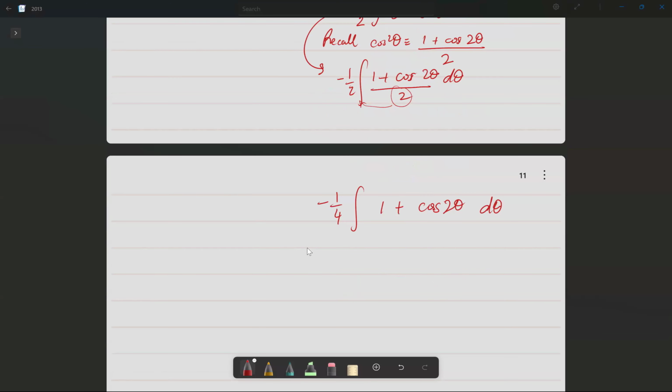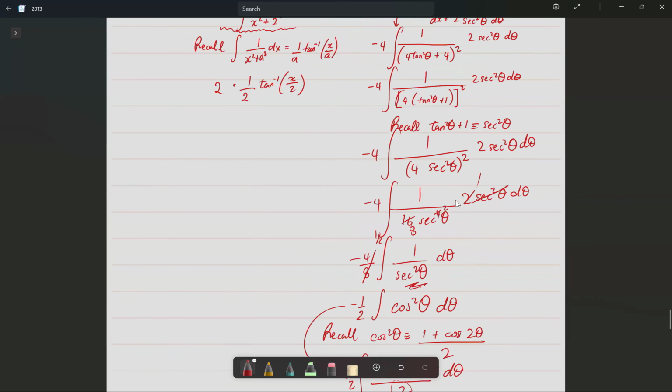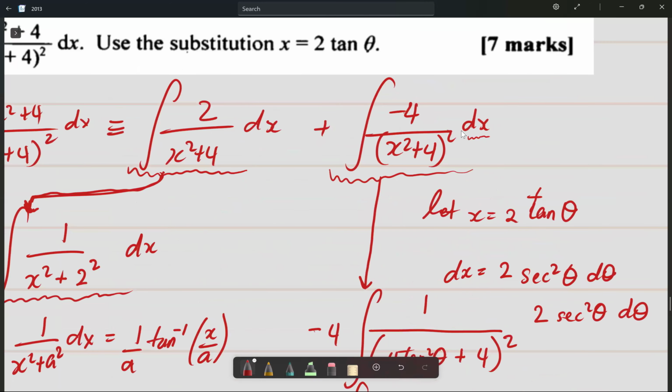The next, pretty much final step, is 1 over 4 times the integral of 1, which is theta, and the integral of cosine 2 theta, which is sine 2 theta over 2. Now, remember that we have this theta here, but we never started off with any theta, right? We start off with tan.